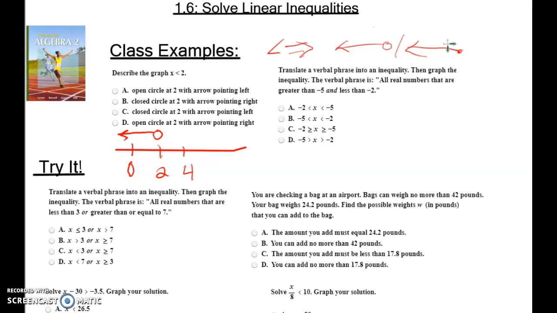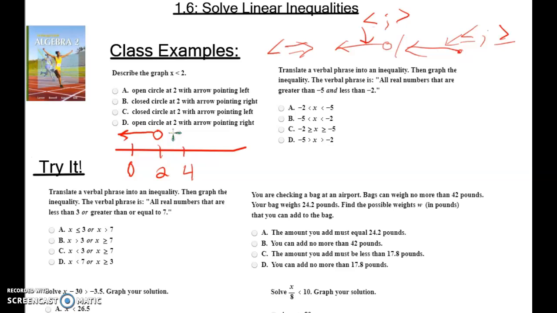Now, the closed circle is if it's less than or equal to, or greater than or equal to. The one with the open circle means if it's greater than or less than. Right?